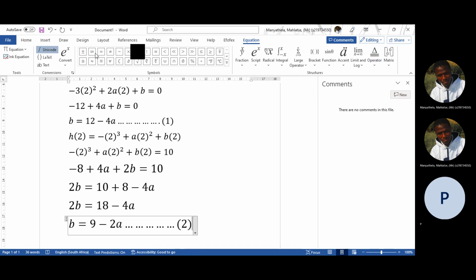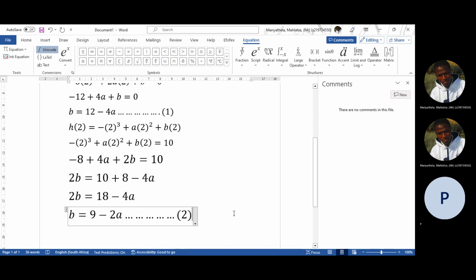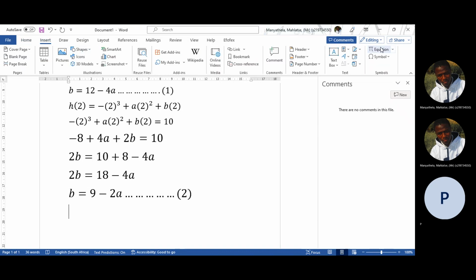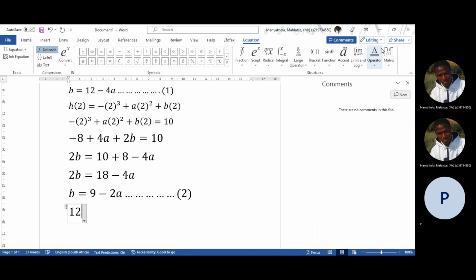So if we check, we're having b here in both, meaning that we can equate these two. Let's equate 12 minus 4a with 9 minus 2a. Group the like terms.